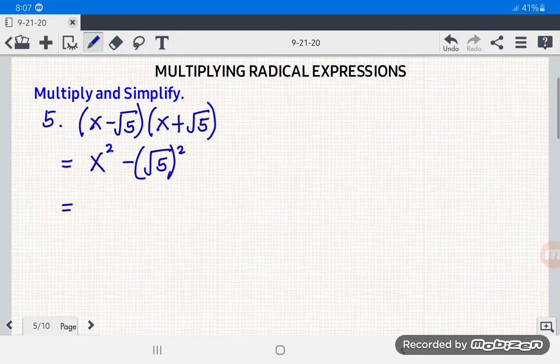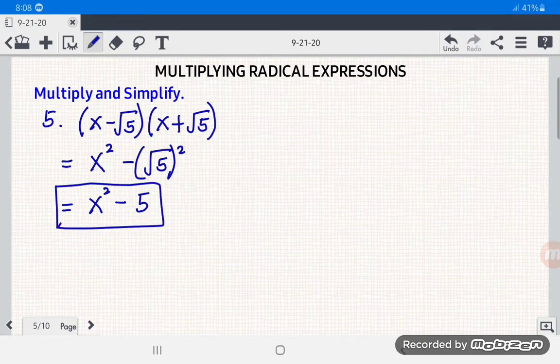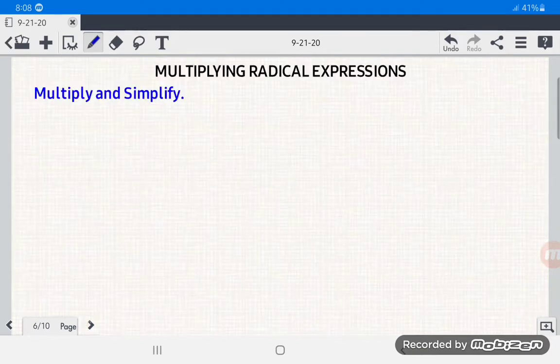Then we have x squared minus 5. Square root of 5 squared is 5. So you cannot combine these two terms. So the answer for number 5 is x squared minus 5.